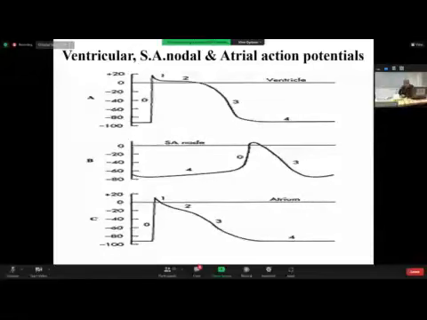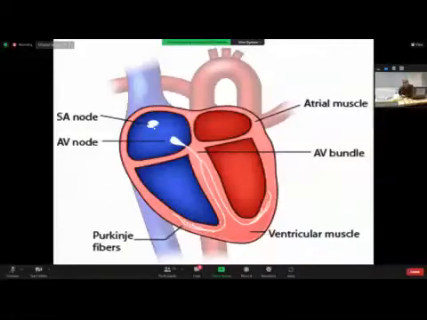So once the SA node becomes depolarized, it transmits its depolarization wave into the underlying atrial tissue, which is directly connected with it. As soon as SA nodal depolarization is spread, remember intercalated discs and gap junctions, into the beneath atrial tissue, this atrial tissue now becomes depolarized. So one atrial myocardial cell, second myocardial cell, and onwards.